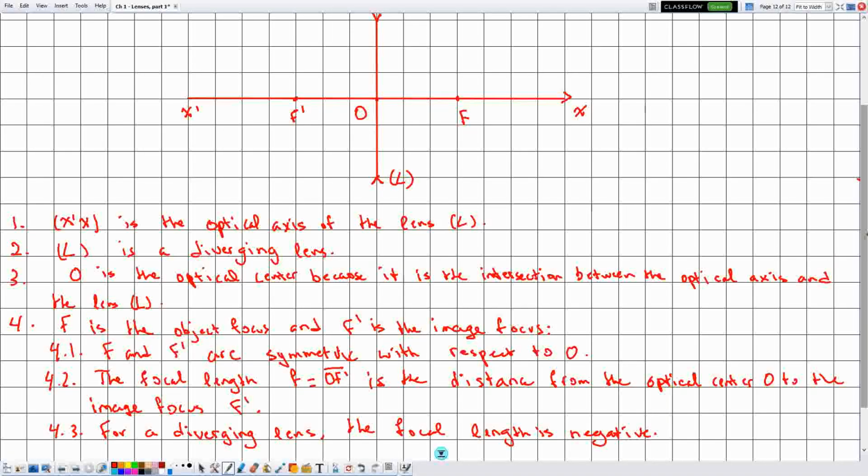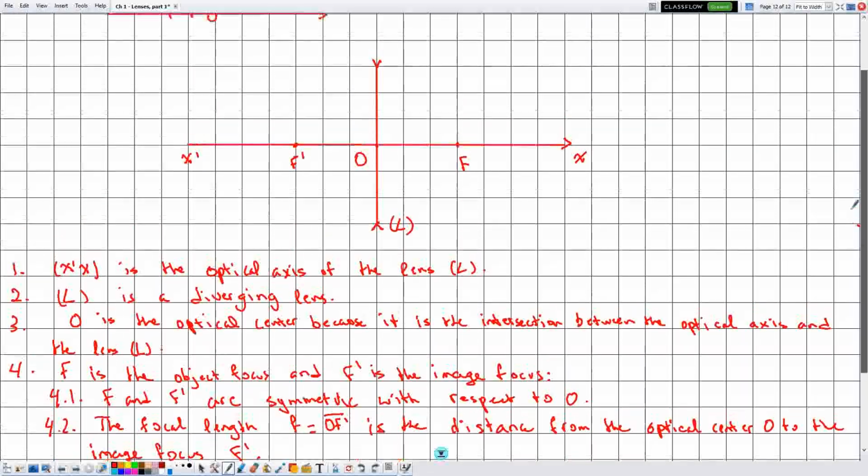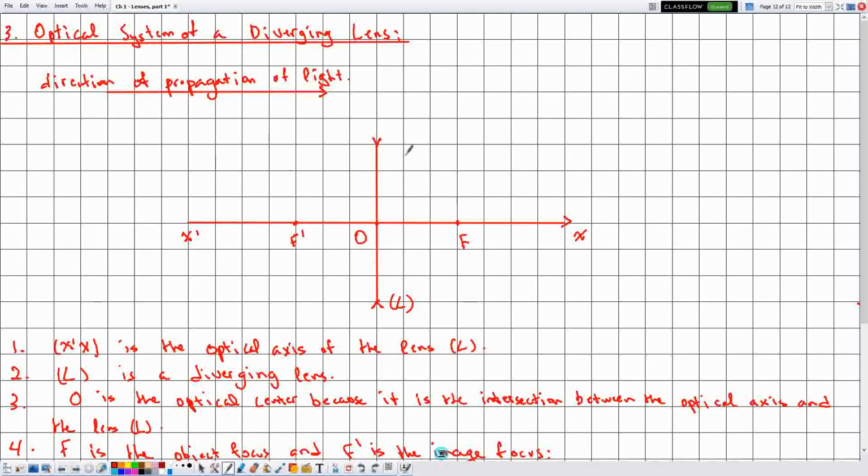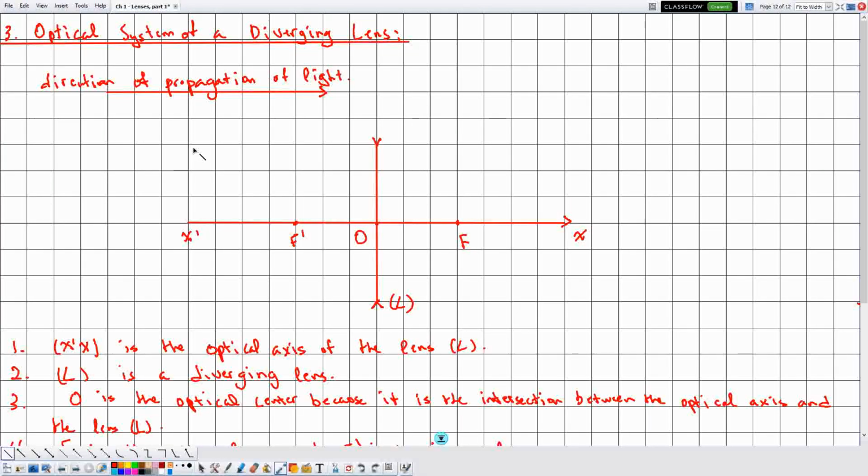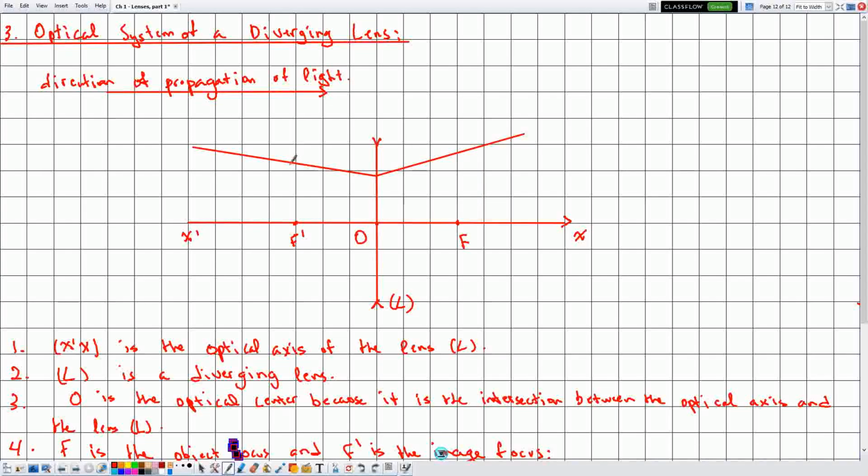And now it's left to represent how a diverging lens affects a ray of light. Let's draw a ray of light like this. This is an incident luminous ray and this is its emergent ray, and we don't forget arrows on light rays.